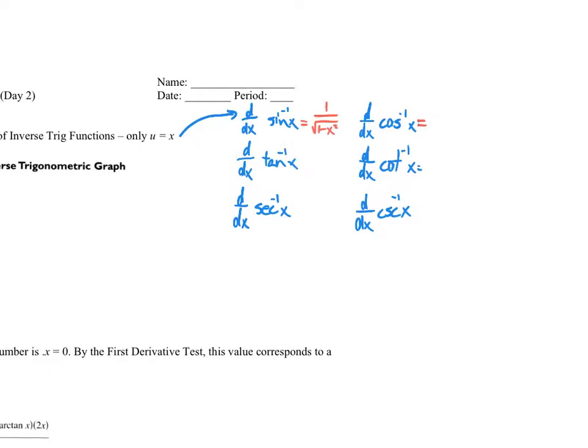And then the arc cosine is simply negative 1 over the square root of 1 minus x squared. Then we have arc tangent. What's our arc tangent derivative? 1 over 1 plus x squared. And then arc cotangent is negative 1 over 1 plus x squared.